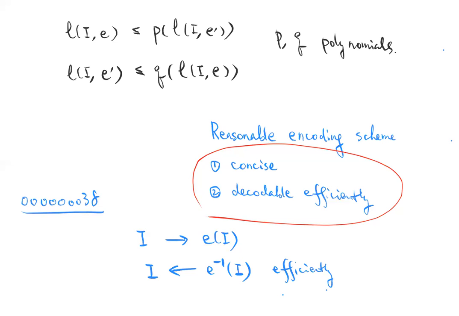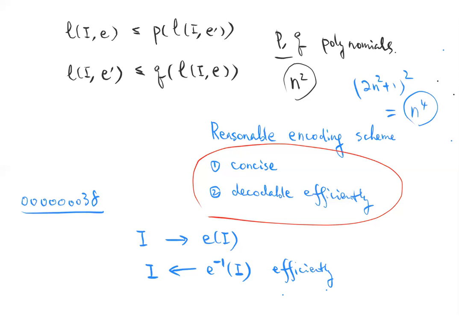Why polynomial? Because polynomial is robust, in the sense that a polynomial of a polynomial is still a polynomial. You could say that maybe the bound is not a polynomial function but just n squared, but then this function is not robust. Because if we replace n by a quadratic function, say 2n squared plus 1, then square it, you will see it becomes n to the fourth power.